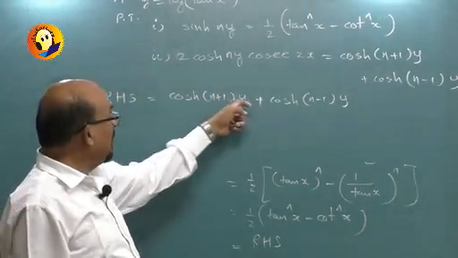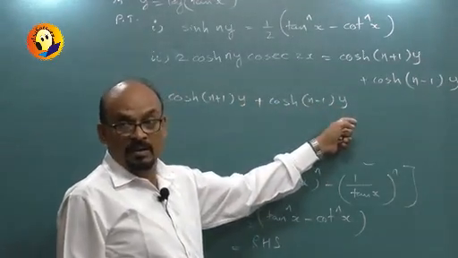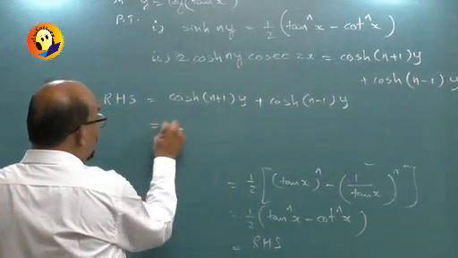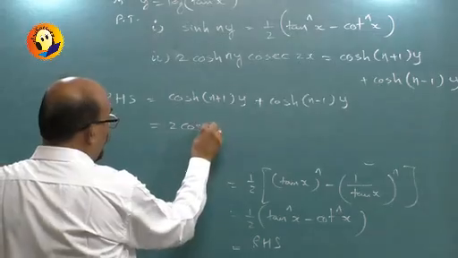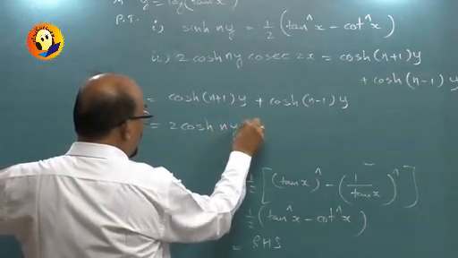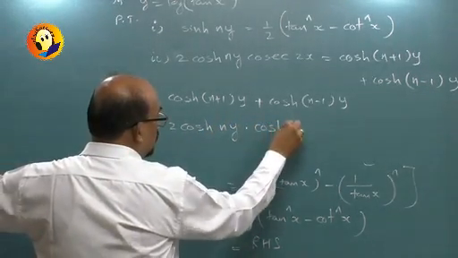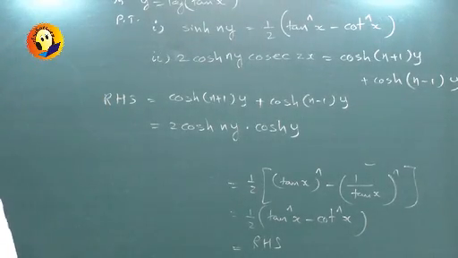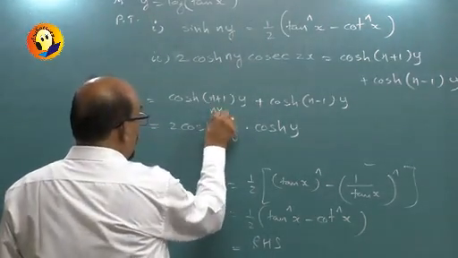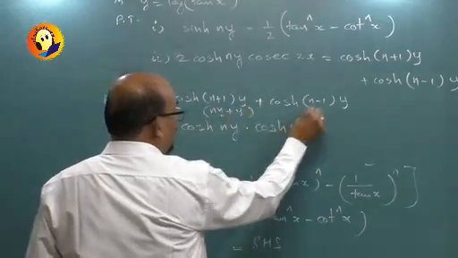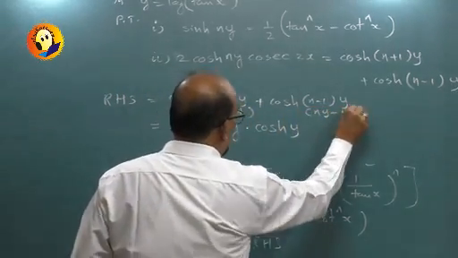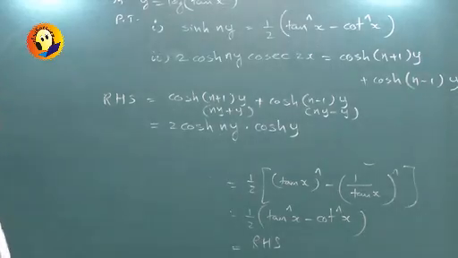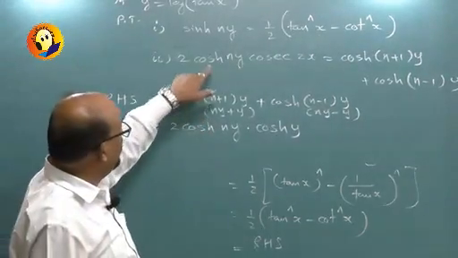So it is ny plus y and ny minus y. So ultimately you will get it as 2 cosh of ny into cosh of y. Write this as ny plus y, and this is ny minus y. Out of that cosh ny we require.